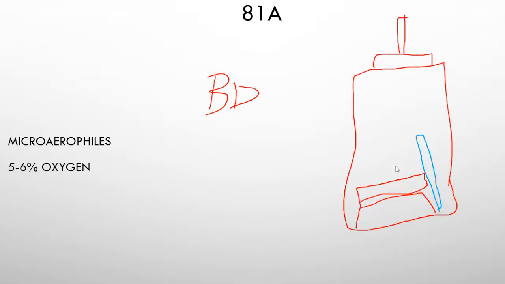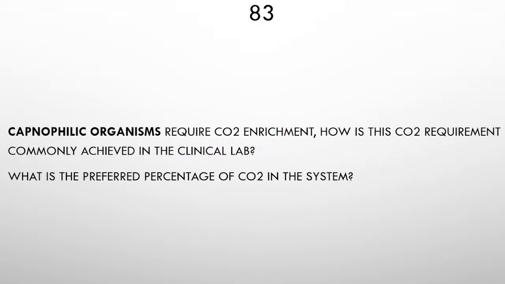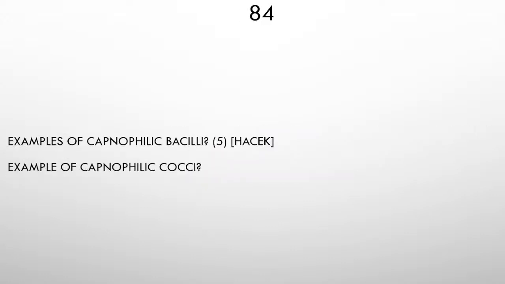The candle's job is to reduce the oxygen because flames burn the oxygen, and CO2 would be released in the system, and that will initiate a capnophilic environment for your microbes.